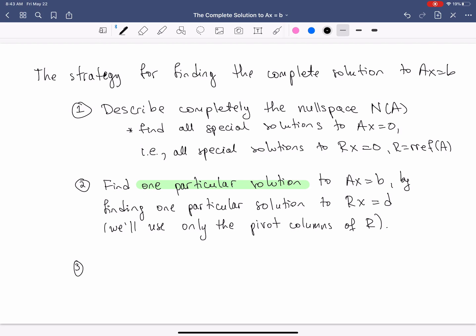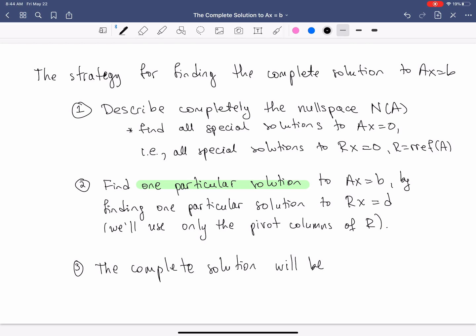So then the complete solution will be, so let's say you have special solutions, let's say you have 3 of those, x1, x2, x3, or x, y, z.